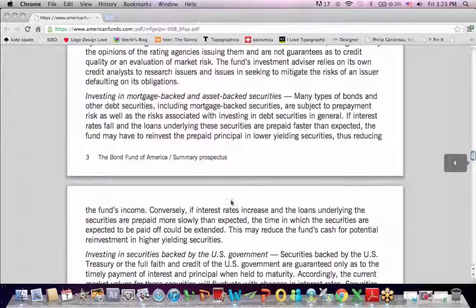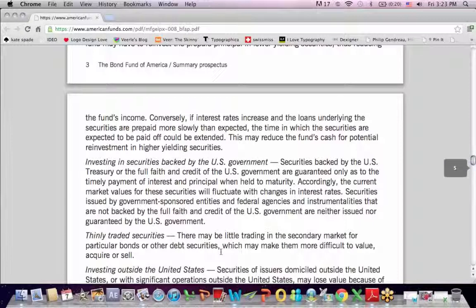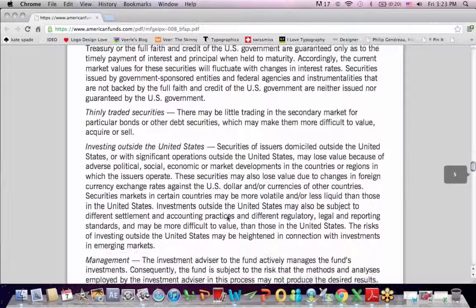Down here in this section where we talk about asset-backed or mortgage-backed securities, they do make a distinction between government bonds that are issued directly by the Treasury, bills, bonds, and notes, versus agency bonds, which are not technically backed by the U.S. government, although they have a AAA rating.